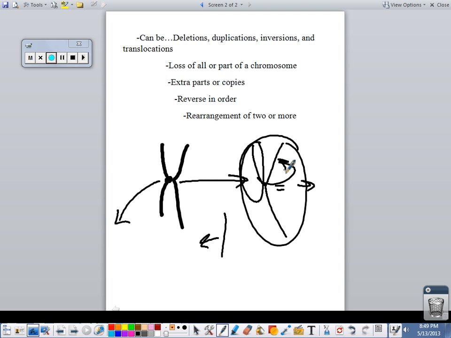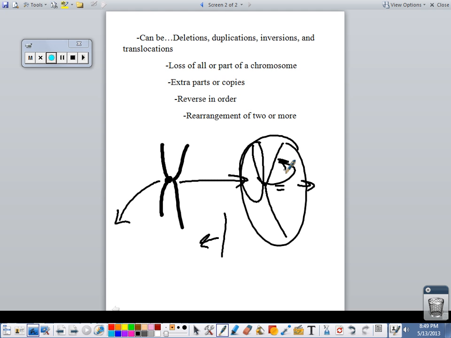Inversions are where things are turned upside down, like when you look in a mirror, everything is opposite. The chromosome gets changed when it's being copied, and it's different now, like a mirror image of what it was. That also can affect what gets passed on.